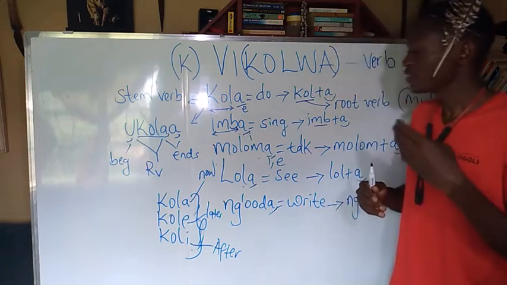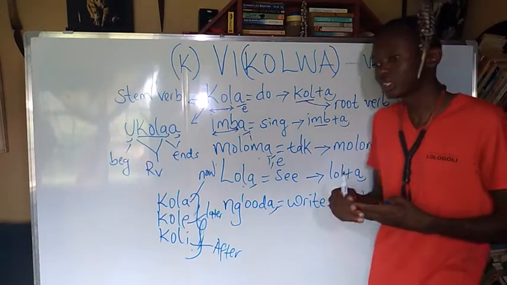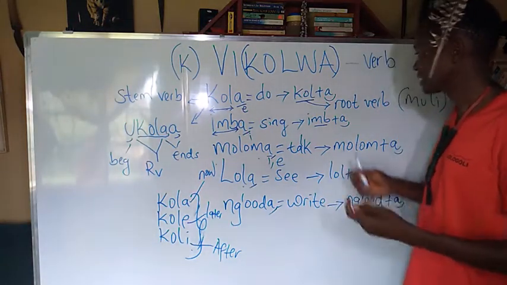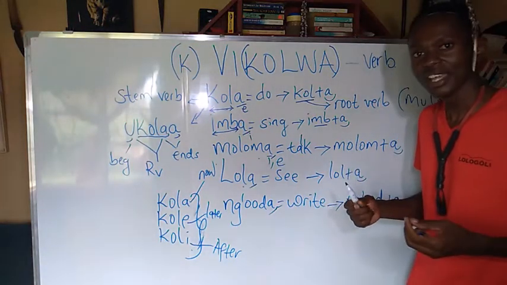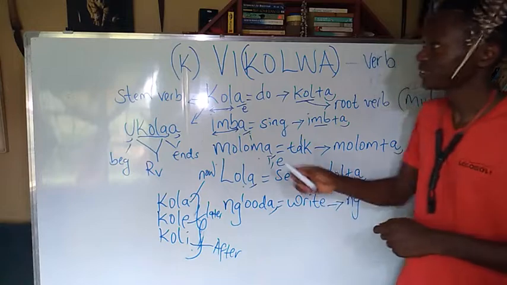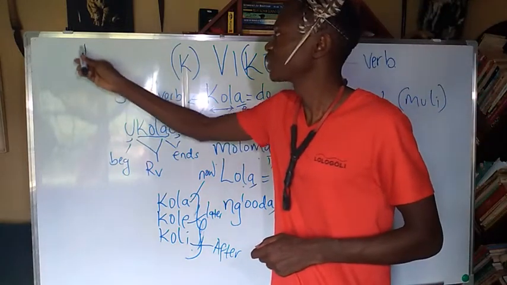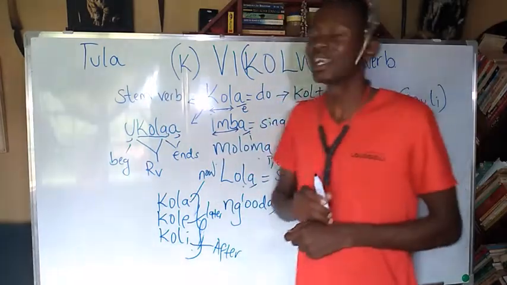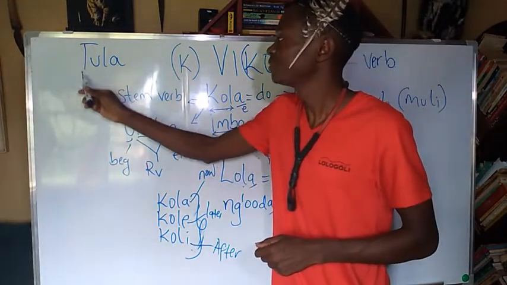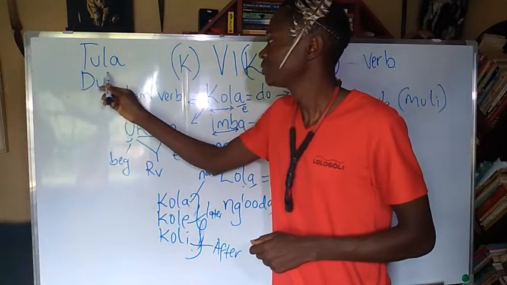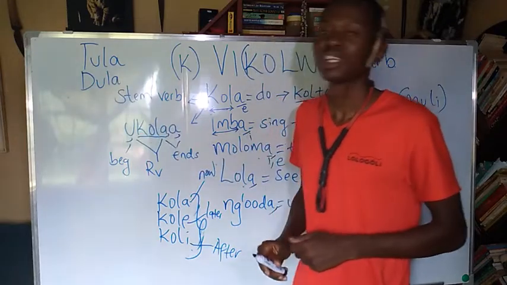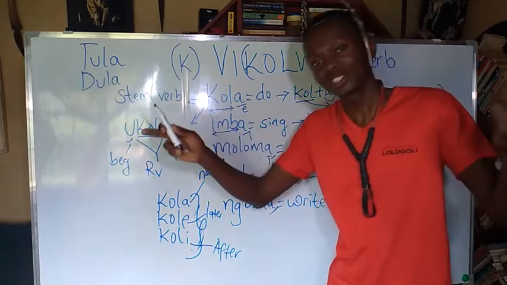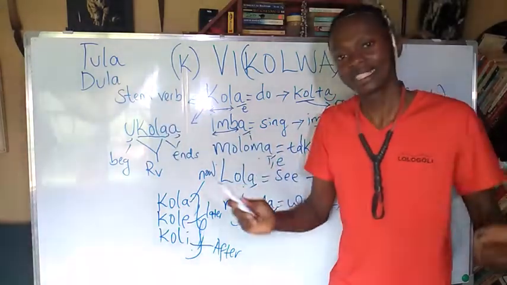So that if we have two kinds of verbs, for instance, tura and dura. We have this tura and we have dura. Tura means get out or smelt.